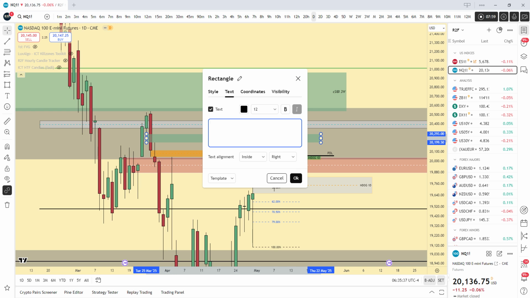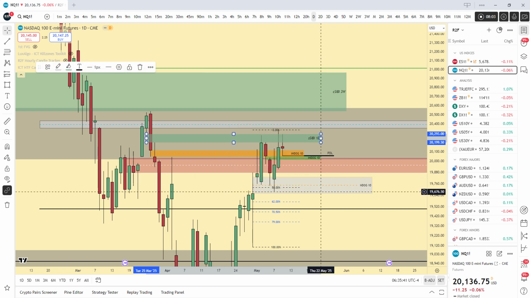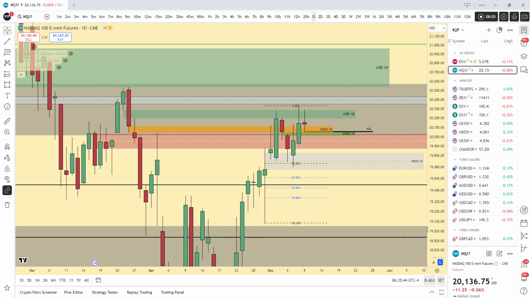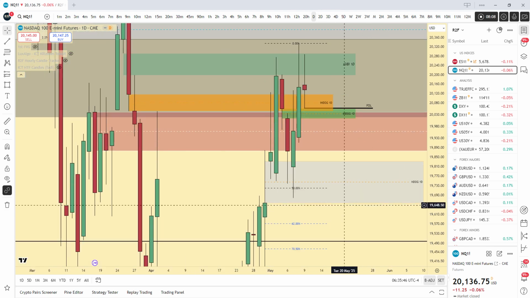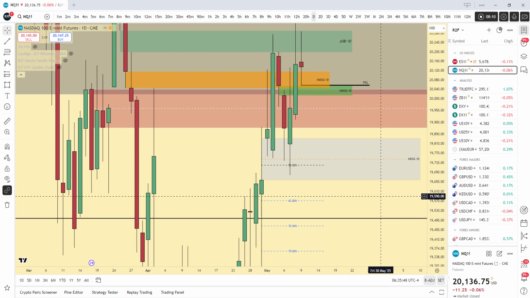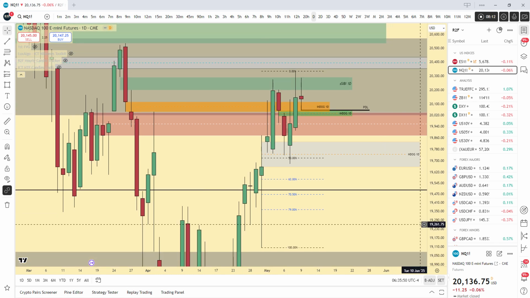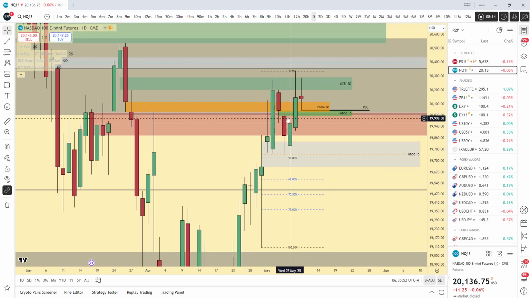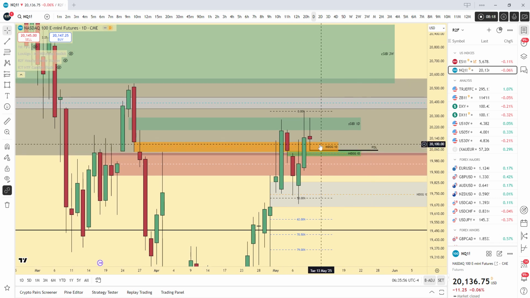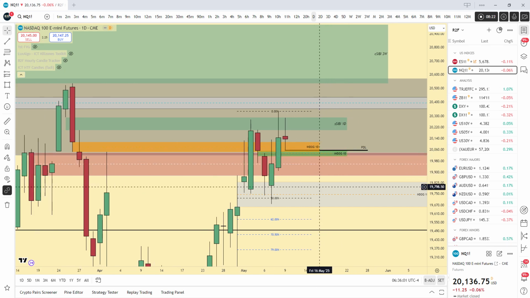It could be quite a nice buy indeed. But that would be all the way down below this low. And that would possibly fill this end dog in its entirety, maybe into this actual overlapping gap. I don't know. But for now, we have the support of these PD arrays.